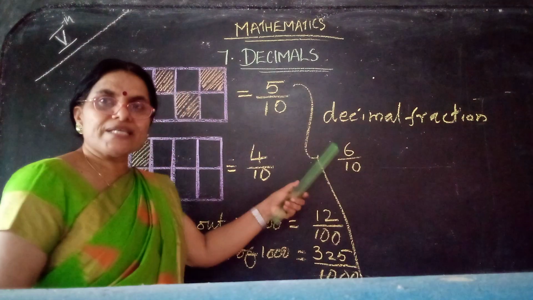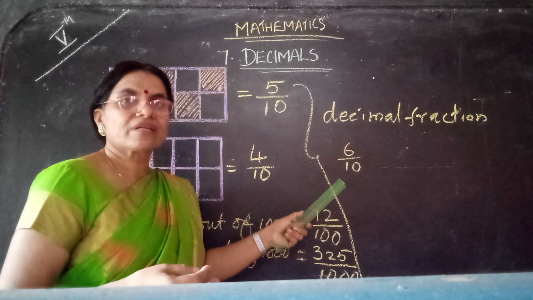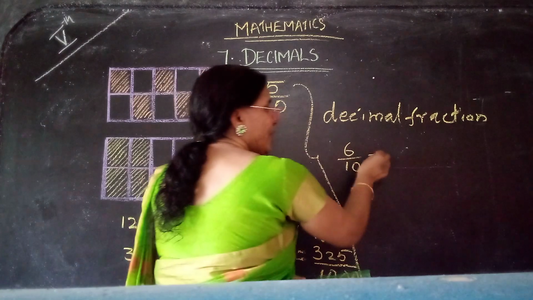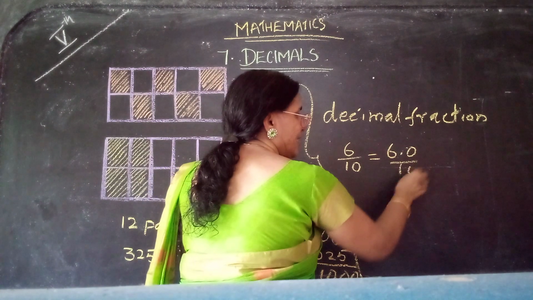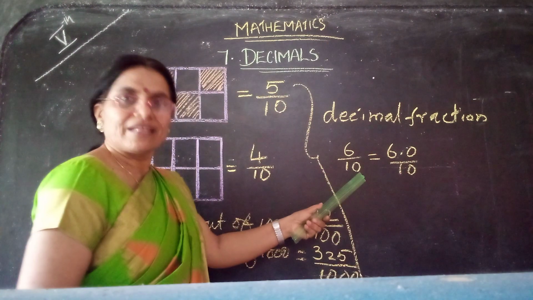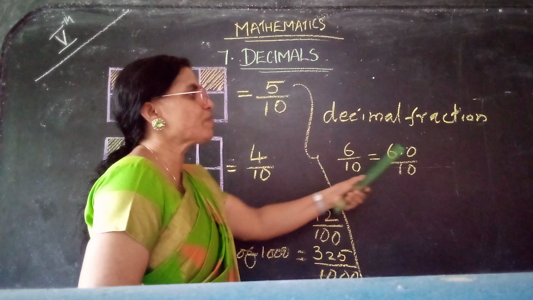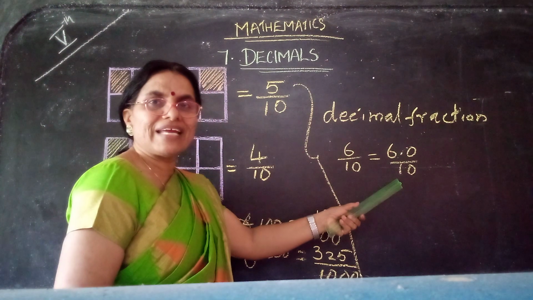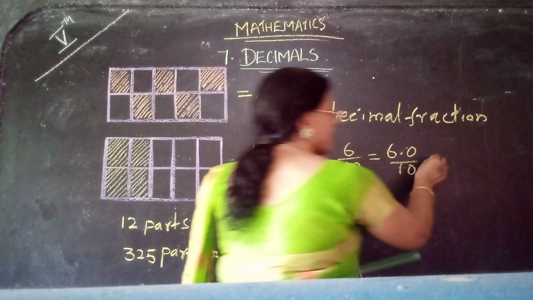What is that? This is a fraction. We can write it 6.0 divided by 10. Is it correct, children? Yes. 6 by 10 equal to 6.0 by 10. We can write it as a decimal, children.